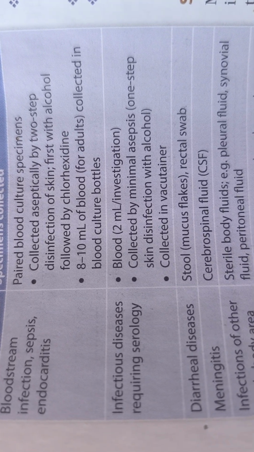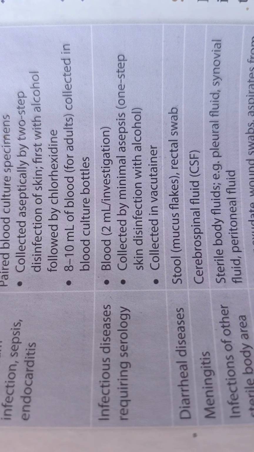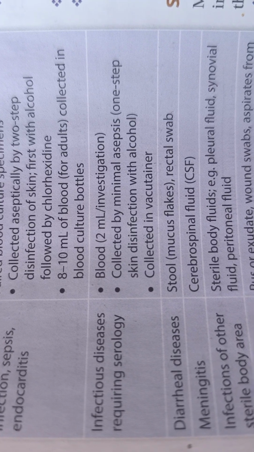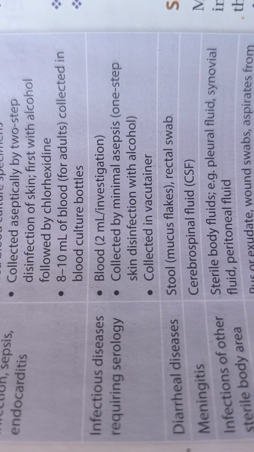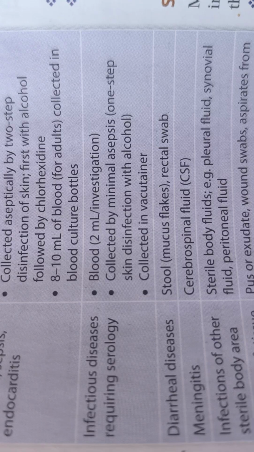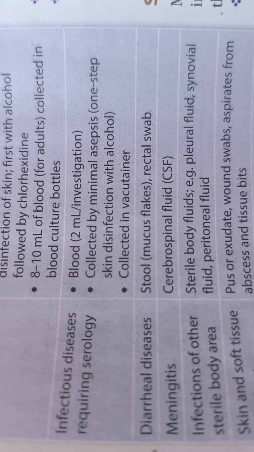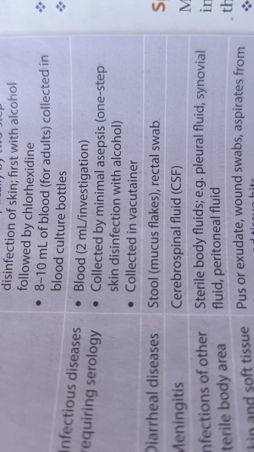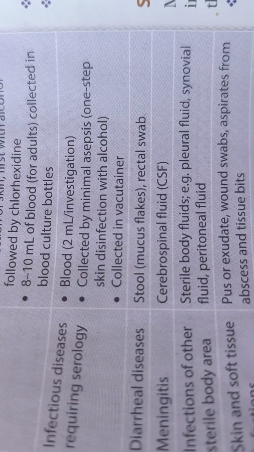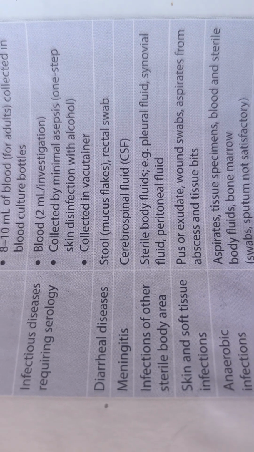Specimens collected are paired blood culture specimens collected aseptically by two-step disinfection of skin, first with alcohol followed by chlorhexidine. 8 to 10 ml of blood for adults is collected in the blood culture bottles.